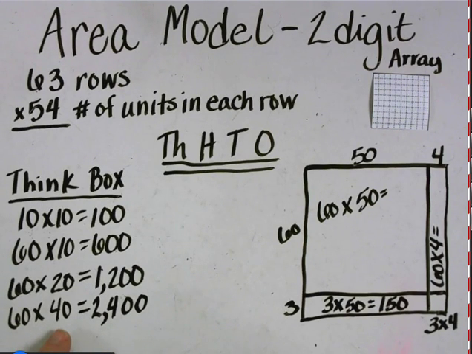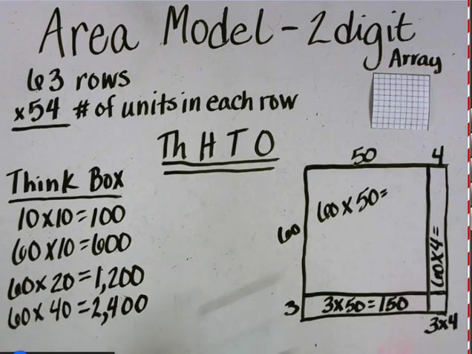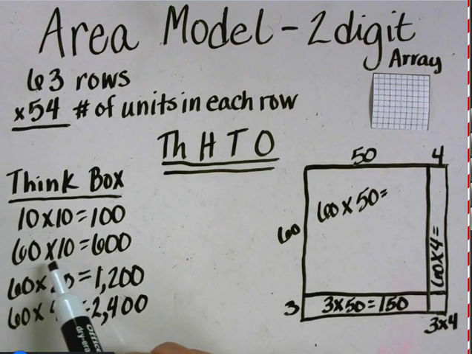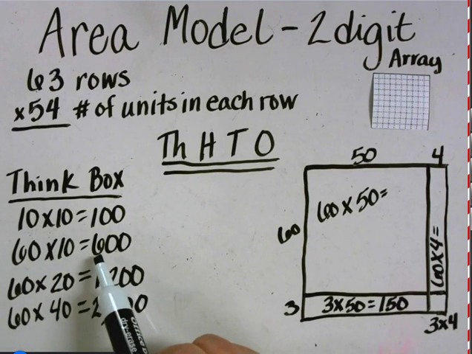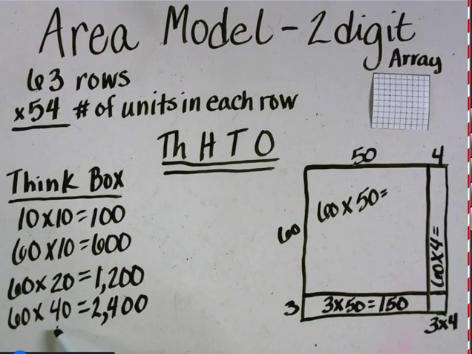I need one more group to equal 50. I need one more group of 10, and I already did that one. It's 60 times 10, I said, is 600. So all I would need to do is add that one more group to 60 times 40.